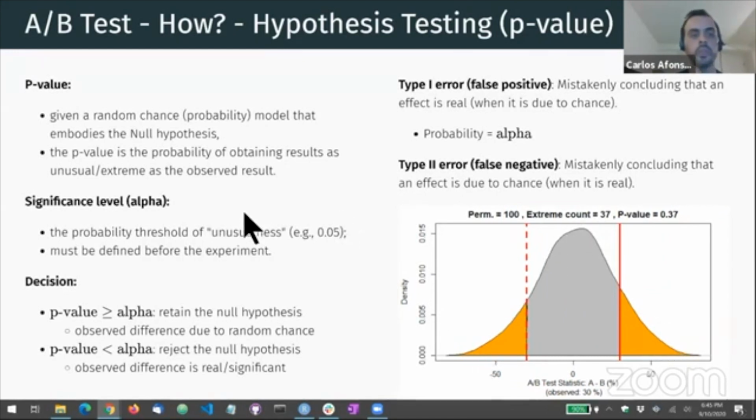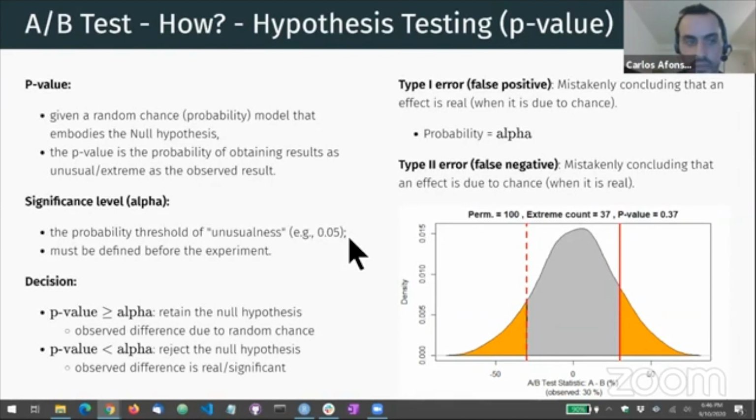Okay. Another concept important in hypothesis testing is the concept of significance level, often called alpha. Okay. And it's the threshold probability of kind of unusualness. So how much unusualness or extremeness are we allowing in our test? Often it is used as 0.05, meaning we allow for 5%.